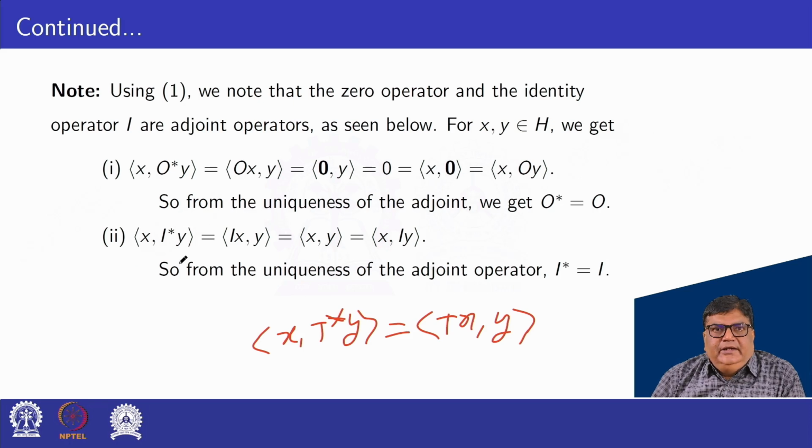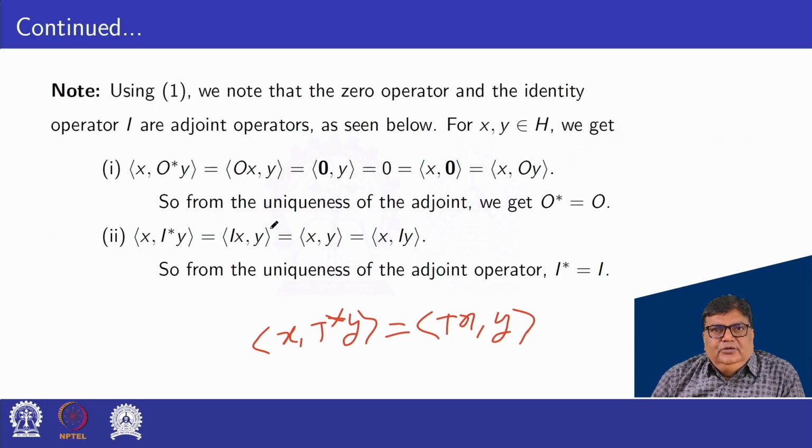Similarly, for the identity operator, the inner product of x and I star y can be written, by this property, as the inner product of Ix and y. I is the identity operator, so it can be written as the inner product of x and y.